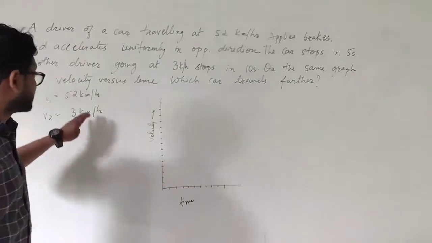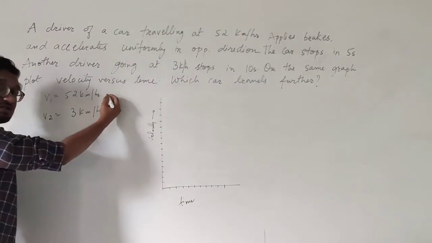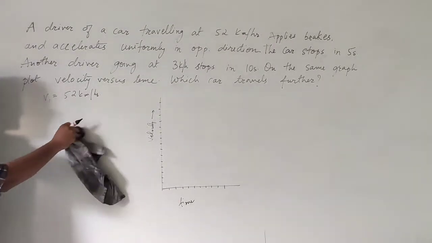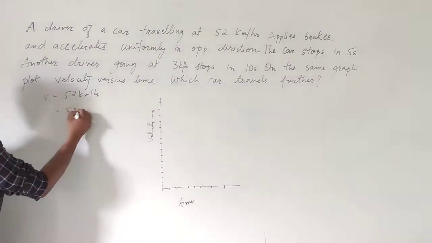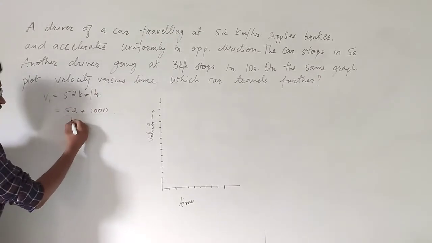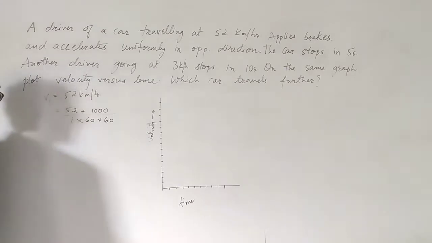To do this, multiply by 1000, which converts kilometers into meters. First we will check only velocity v1, so it becomes 52 into 1000, per hour, which means 1 hour, multiplying by 60 minutes and 60 seconds.